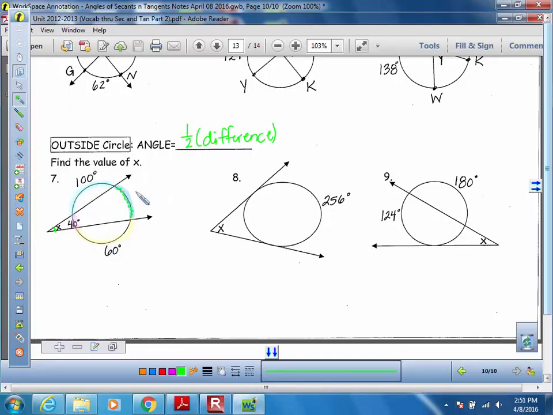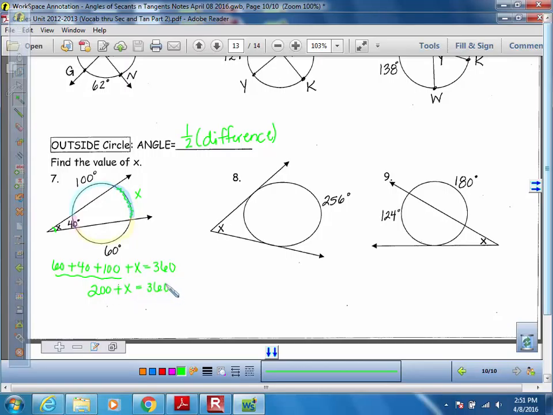So I'm going to let this be x, and I'm going to do 60 plus 40 plus 100 plus x equals 360. When I add all my like terms, that gives me 200 plus x equals 360. I subtract 200 from both sides, and so I find out that this piece here is 160.